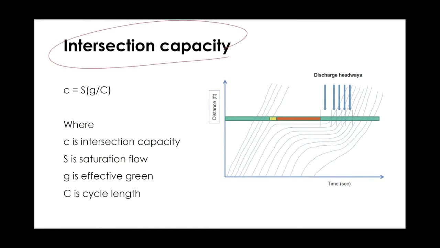Let's now introduce something called intersection capacity. Intersection capacity is usually represented by a small c. Again, capital C is the cycle length, small c is the intersection capacity, so don't mix them up, please.